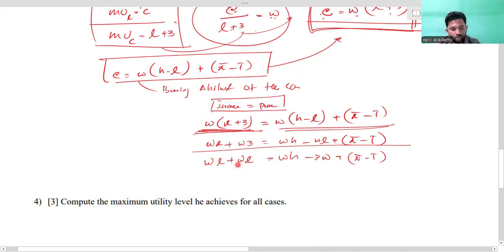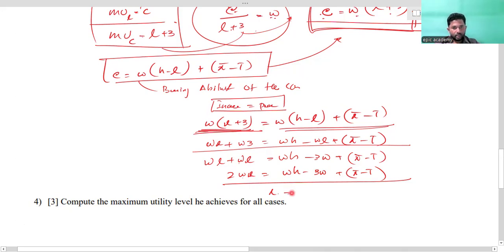In here also you can simplify that one. 2WL equals WH minus 3W plus 5 minus T. So if you are going to consider the lesser value, it can be the combination of 2W and L multiplied.